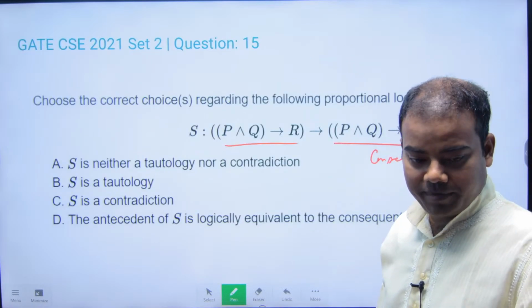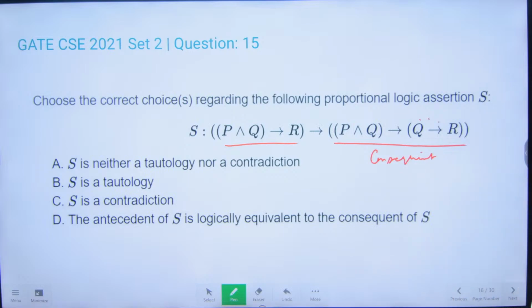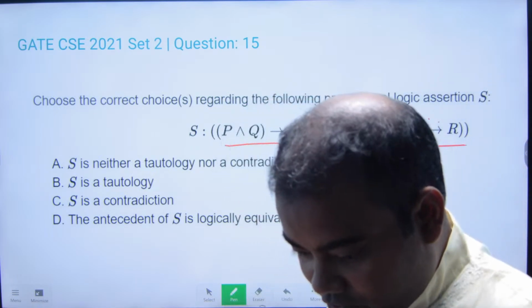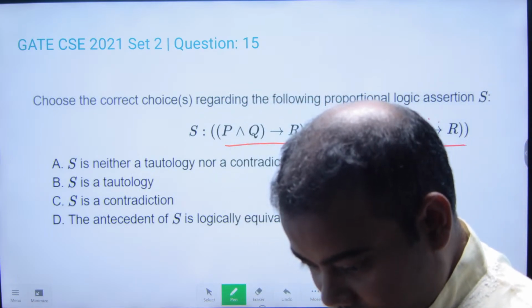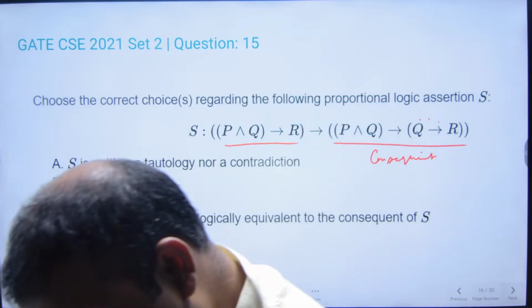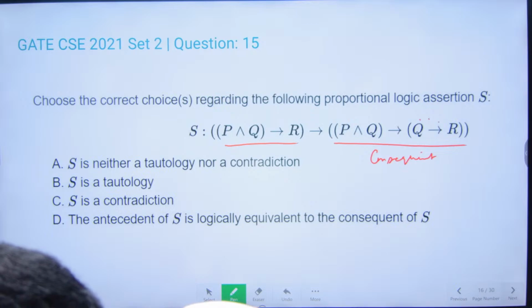So first make the truth table. P and Q you have made, okay. But P and Q, what is this? This is the AND one.